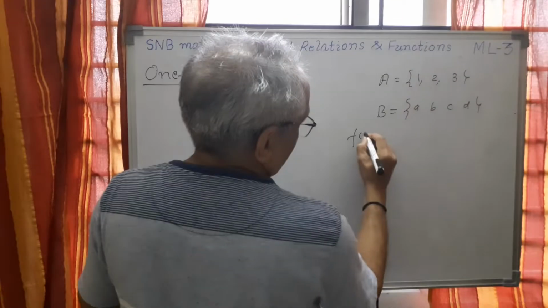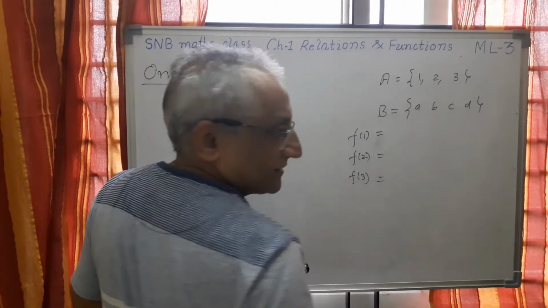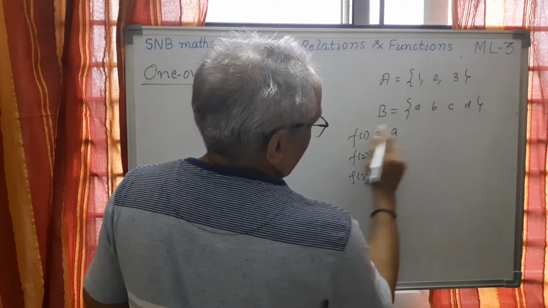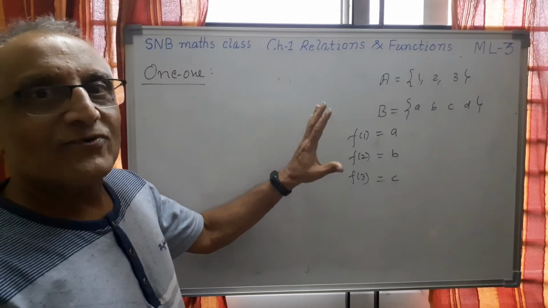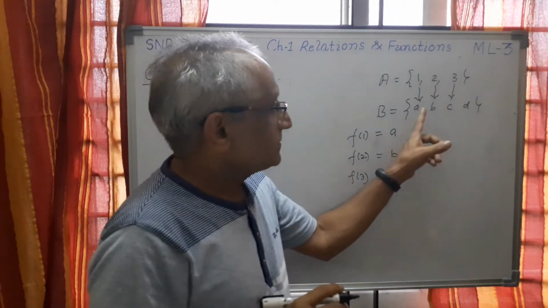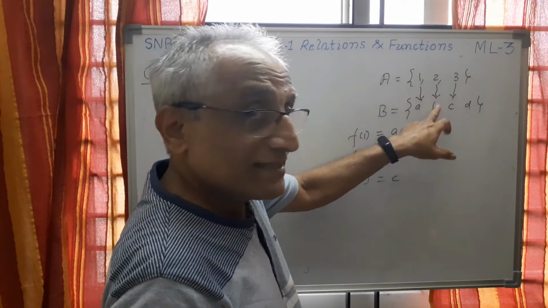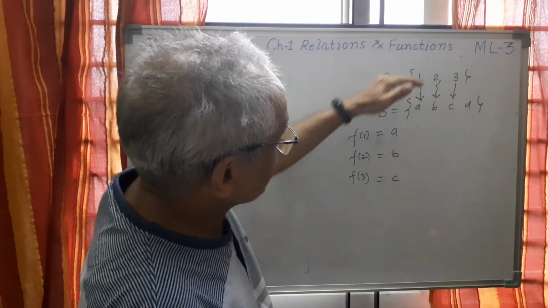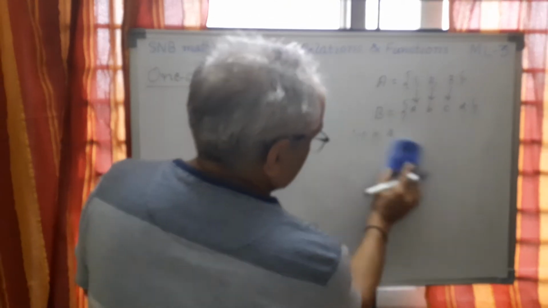Suppose f of 1, f of 2, f of 3 are defined by, say, 1 is going to a, 2 is going to b, and 3 is going to c. So this is called one-one function, that's all. Meaning, different elements here should go to different elements here. Because in a function, 1 and 2 can go to the same element, even then it is a function. But in this case, different elements are going to different images. I think one example is sufficient to understand this concept.